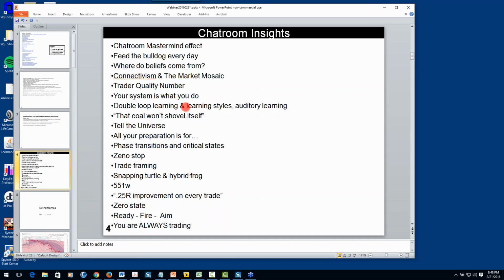And then when you couple that with learning styles, and for me, being an auditory learner, there are ways in which you can improve your sustainable rate of learning if you pay attention to how you process information and where you are most effective in terms of visual, auditory, and kinesthetic.